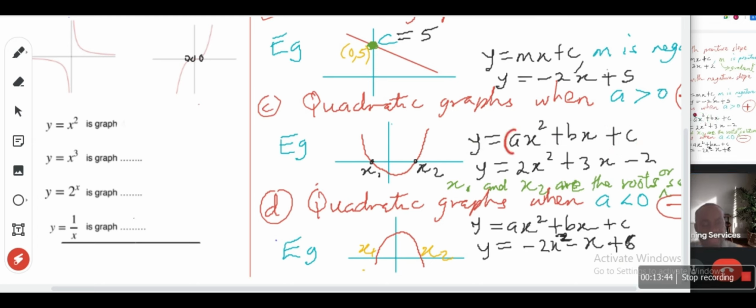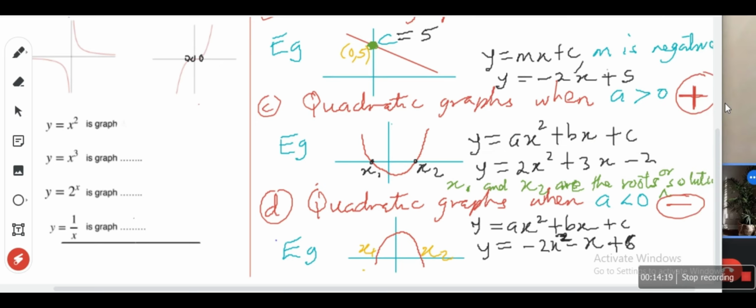So if a is positive, in other words, greater than 0, it will form a U. But if a is negative, it will form an N. What's the value of a in this one I'm circling? 2. So it forms a U, because it's positive.